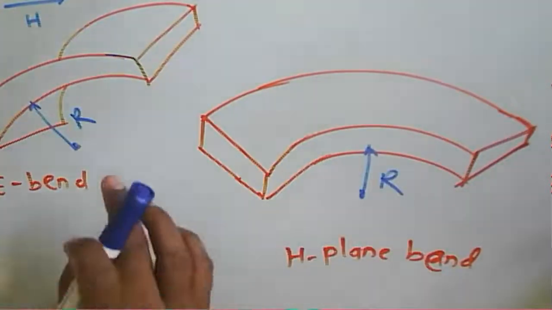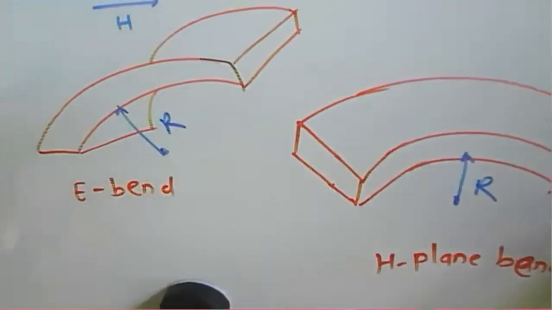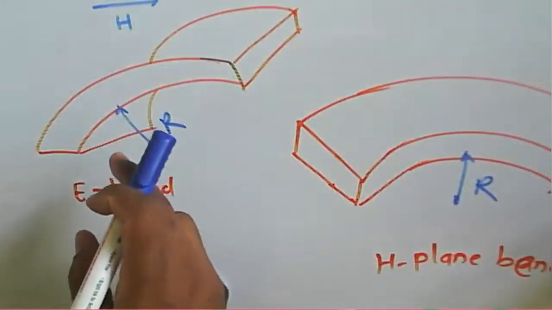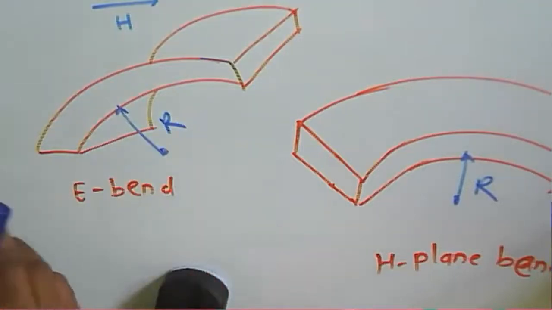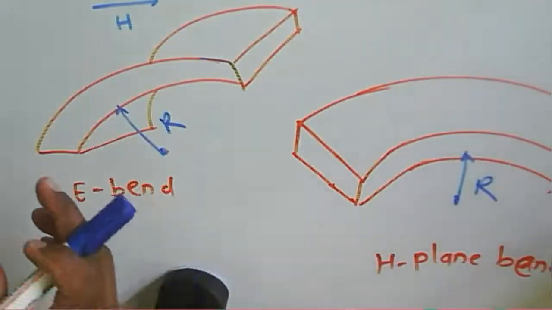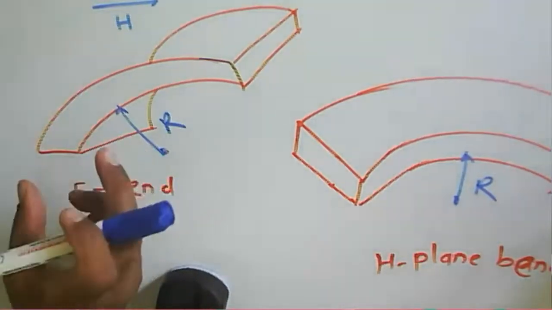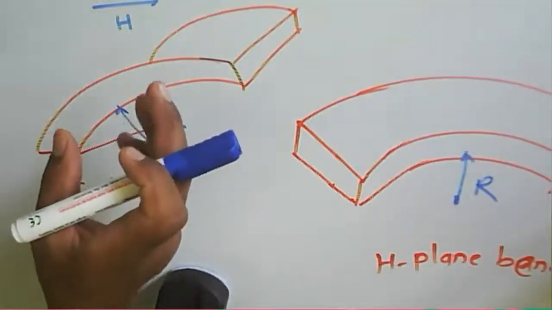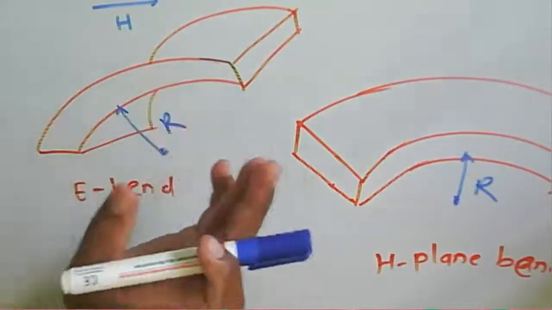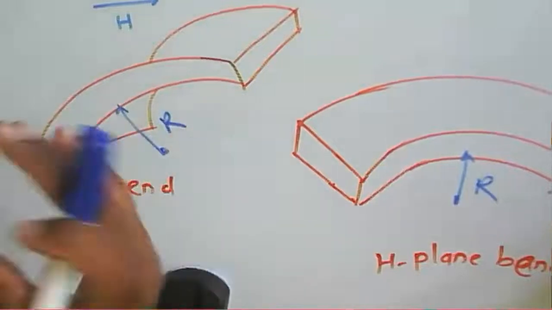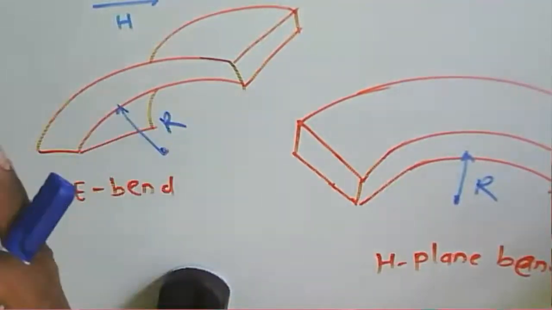So for a given particular waveguide, the bend occurs in a given particular plane. That's why it is called a bend. Now that bend is used to change the direction of power flow whenever we require to connect the waveguide at some particular place, or to join another component or a particular section of the waveguide.